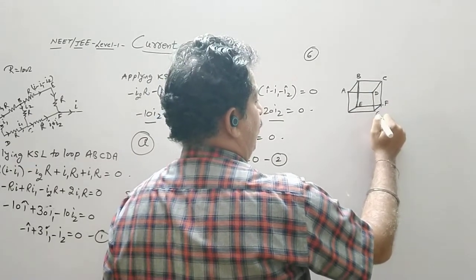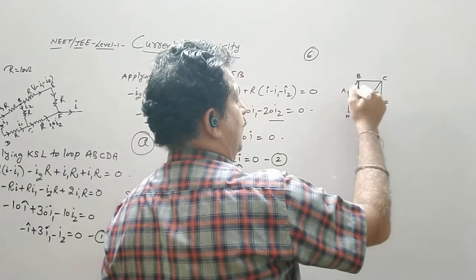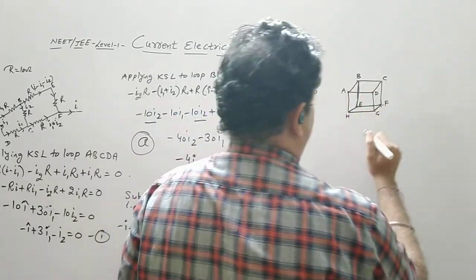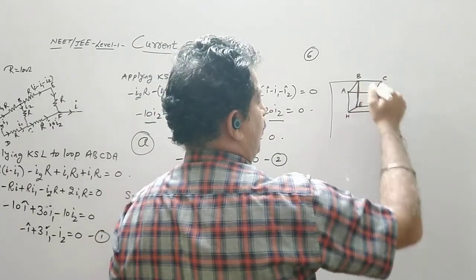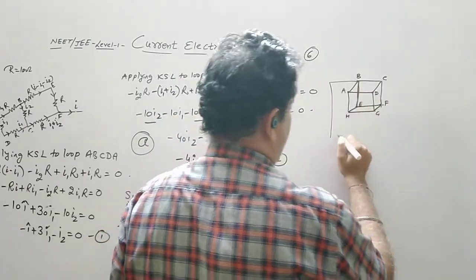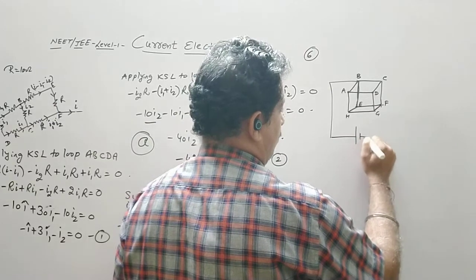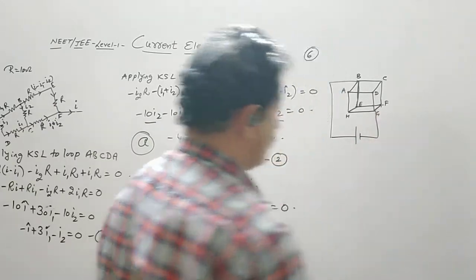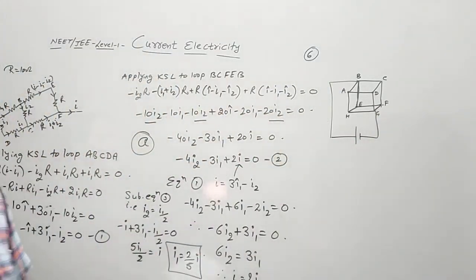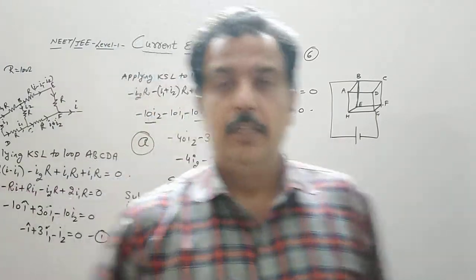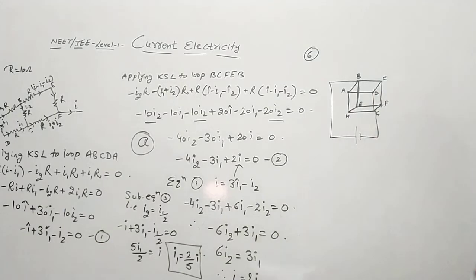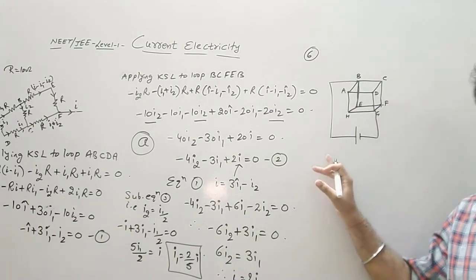So EF, GH. So let us take this diagonal to be B and G. So we connect a battery here. Now this is the same sum or numerical we did in our NCERT book.